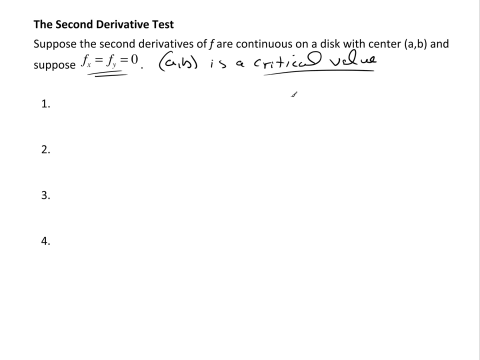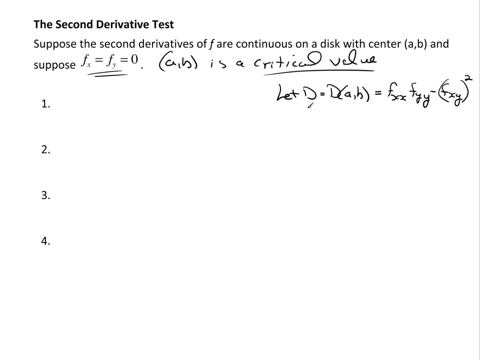Okay, so what I'm going to do is let D, notation-wise, D of (a, b), equal the second partial of x times the second partial of y minus the partial of xy squared.